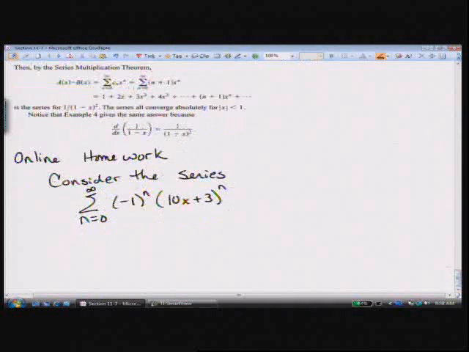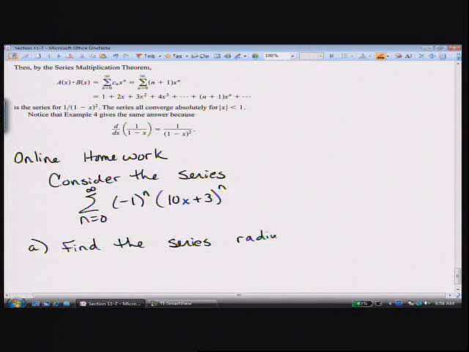And the first question that they ask you is to find the series radius and interval of convergence.